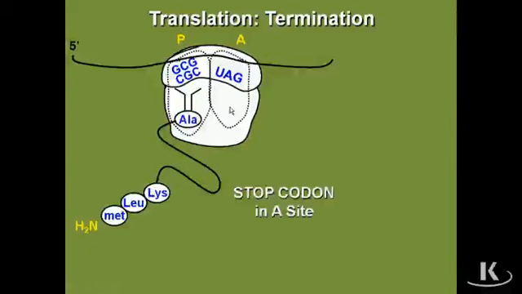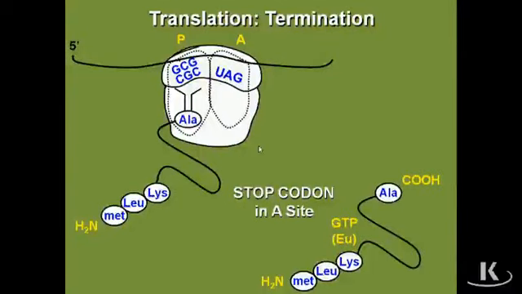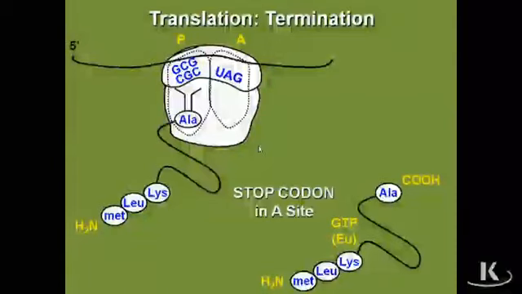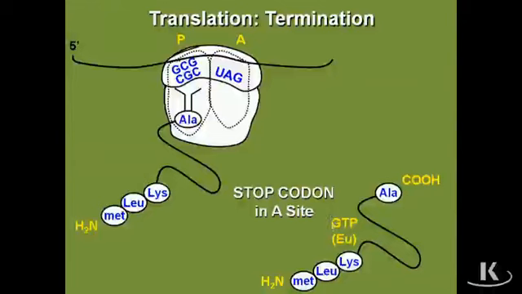Instead, what's going to come in is a stop factor. A stop factor is going to come in, it's going to bind right here, and that's going to cause the ribosome to be released from the mRNA, to be released from the protein, and what you now have is a newly synthesized protein. There's some GTP energy required here, which you don't have to concern yourself with.